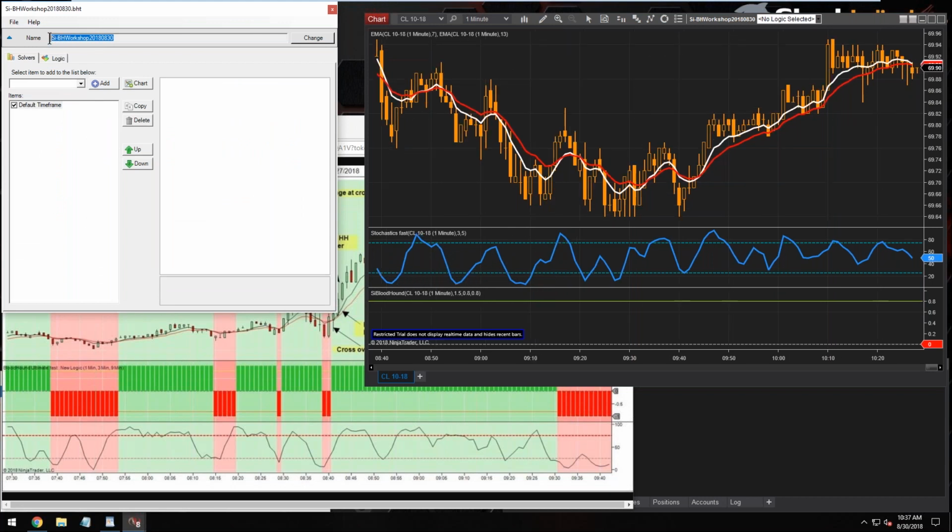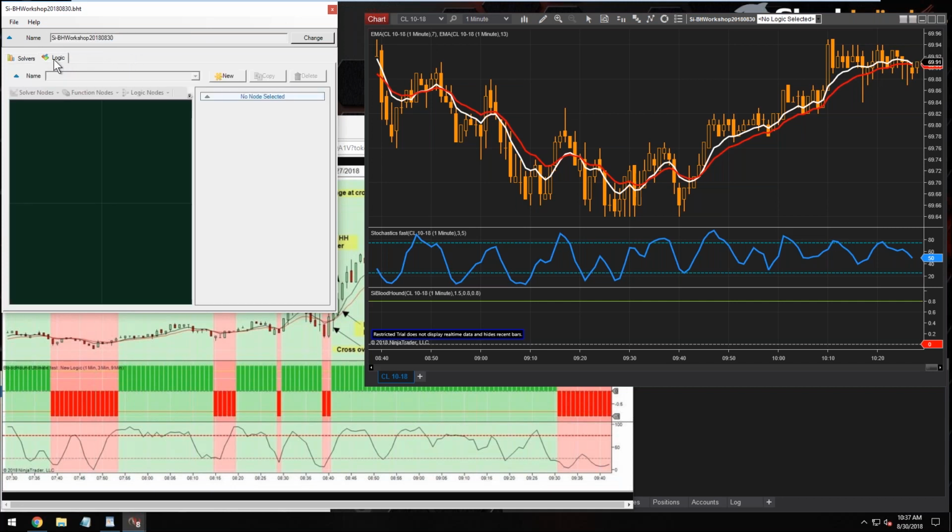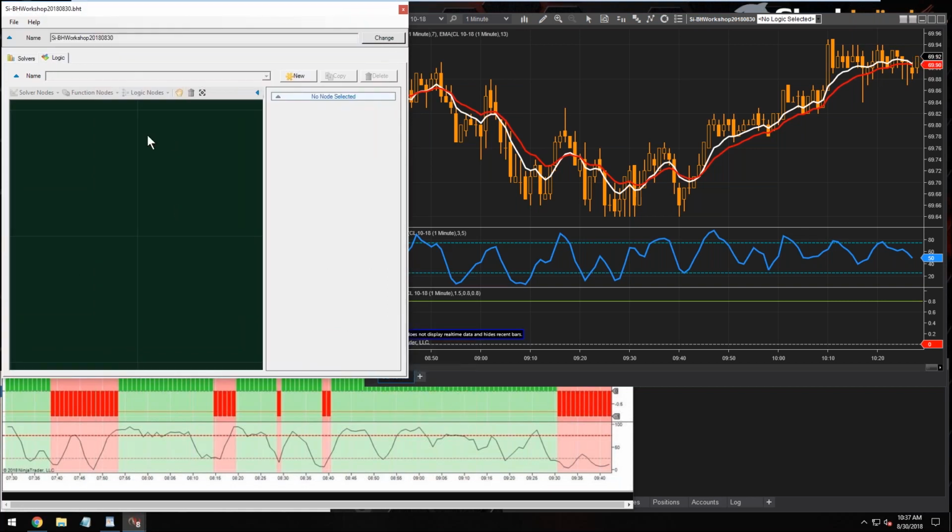So we have a named BloodHound system now. I always like to start working on the logic tab inside the logic board, so let's get this open. We start by hitting new to create a new logic template.